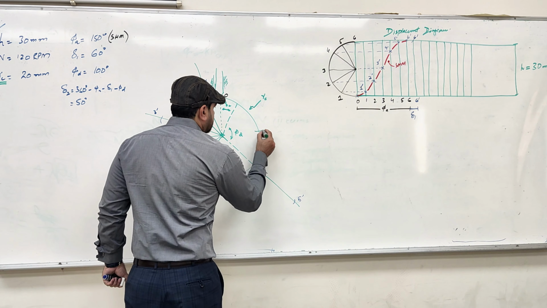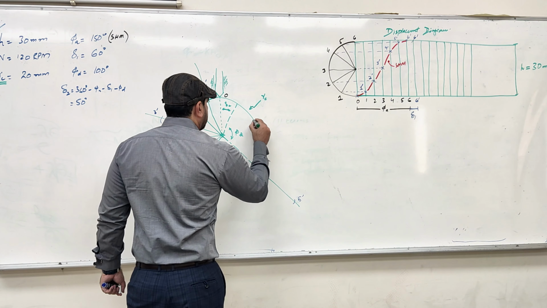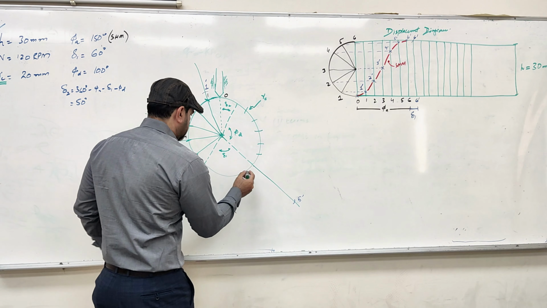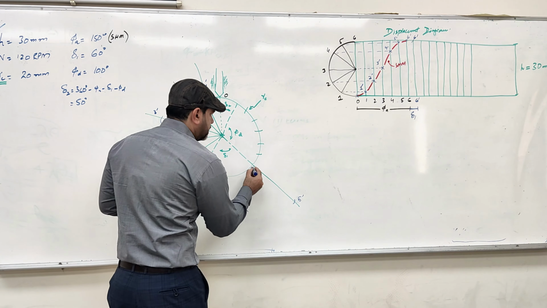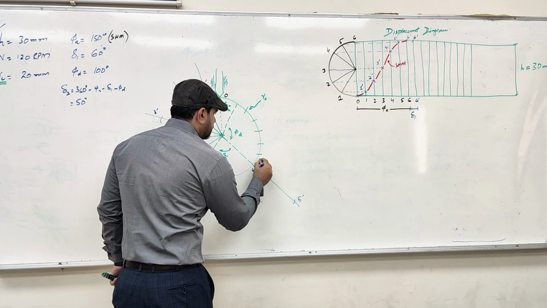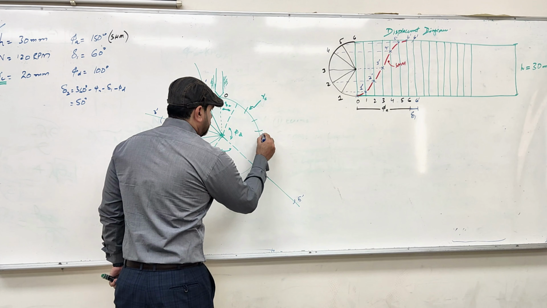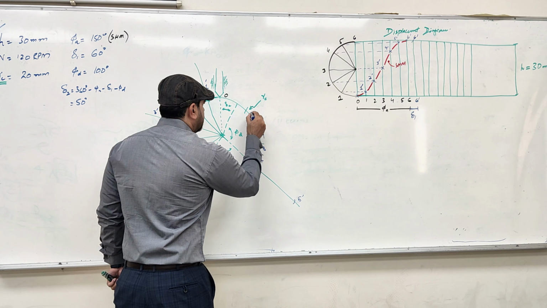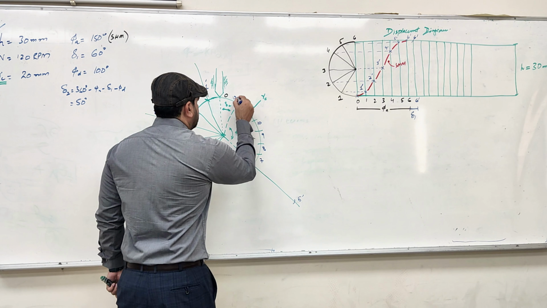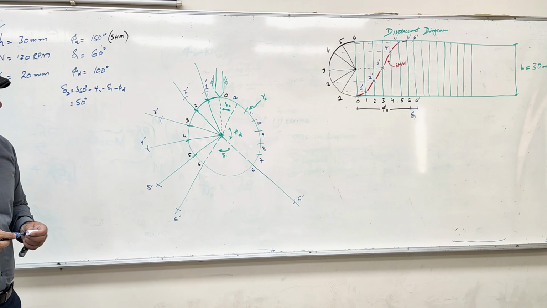All right, so we have 6. So this one is also your point 6. This one is 7, 8, 9, 10, 11, and 12.